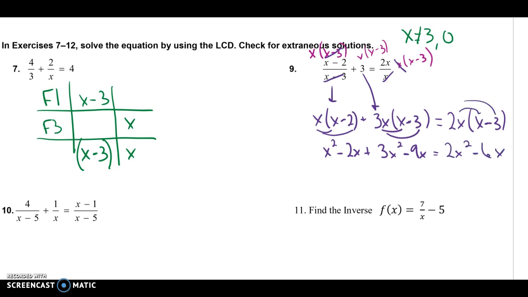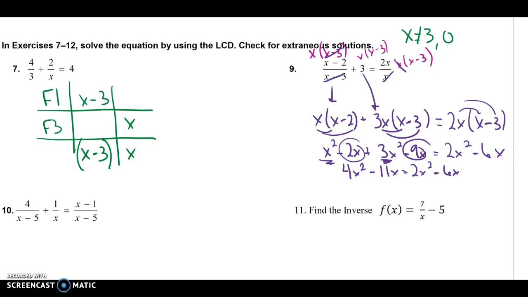I got more than one type of x, so right now my goal is just going to be to get it all into standard form. So get everything on one side, get it to equal 0. So first, just on the left side, cleaning this up a little bit, I have 4x squared from these two. And then I have negative 11x from these two. And now I'm going to get everything on one side.